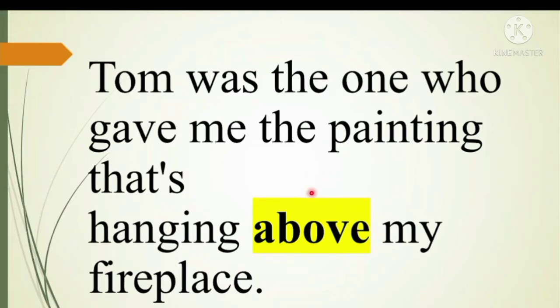Next one. Tom was the one who gave me the painting that's hanging above my fireplace. Above is also a preposition that states the whereabouts of a certain object or person.